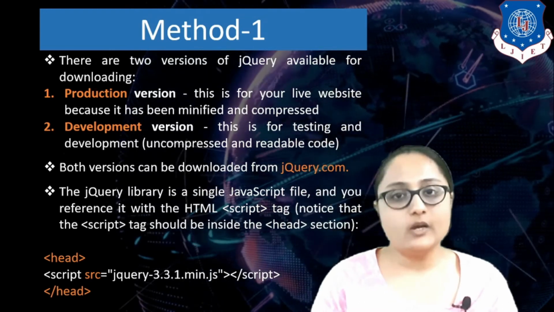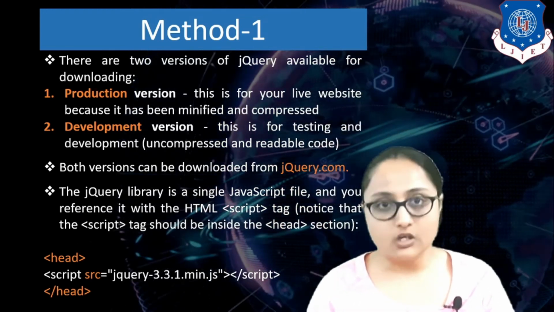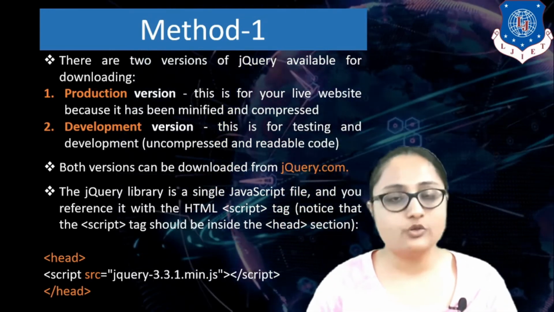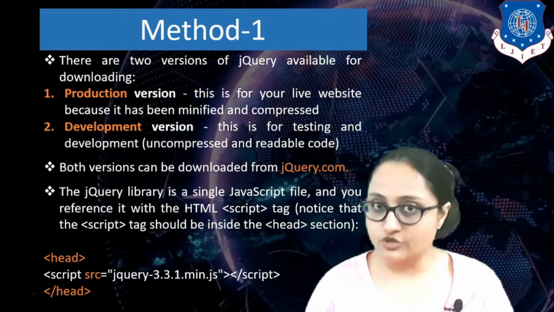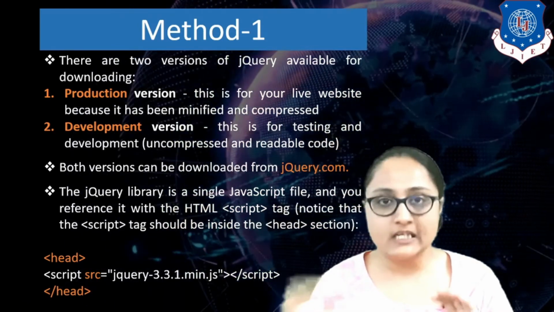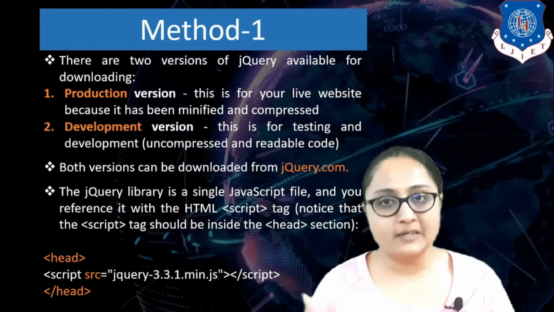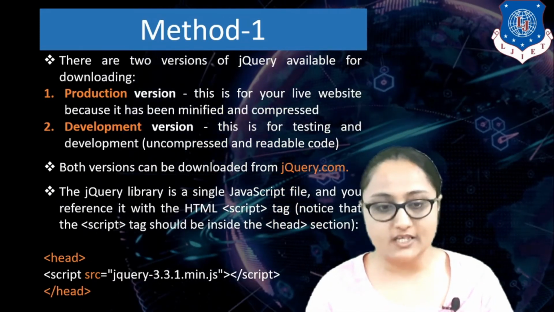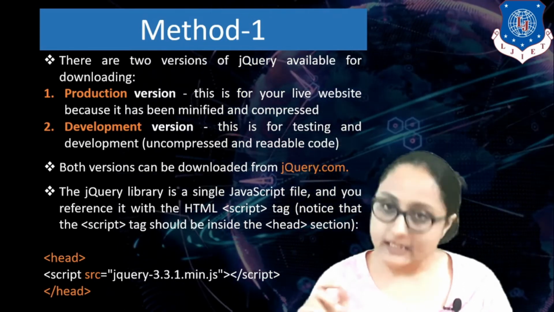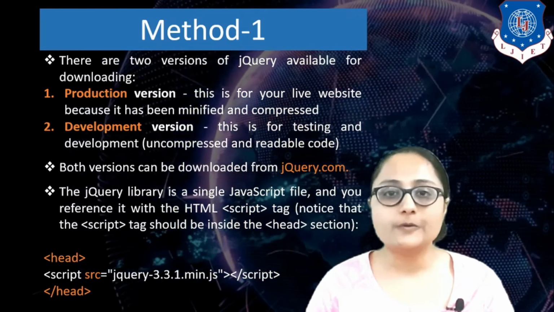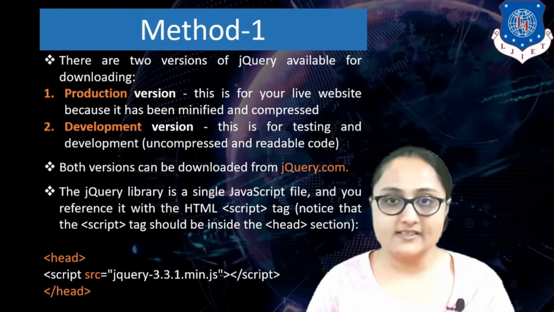If you have this file in another folder, you write the full path. If the web page you are working on and the file are in the same folder, you just write the file name with the extension, .js, inside the src attribute of the script tag. It is as simple as that.